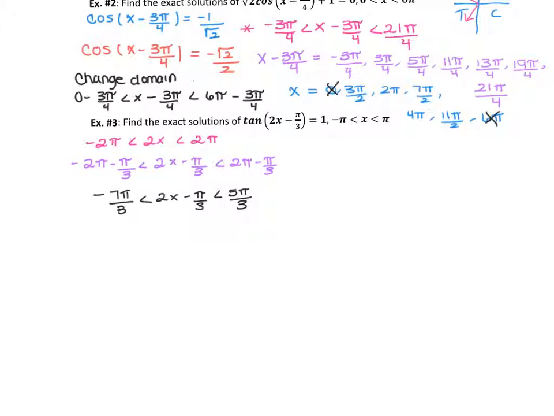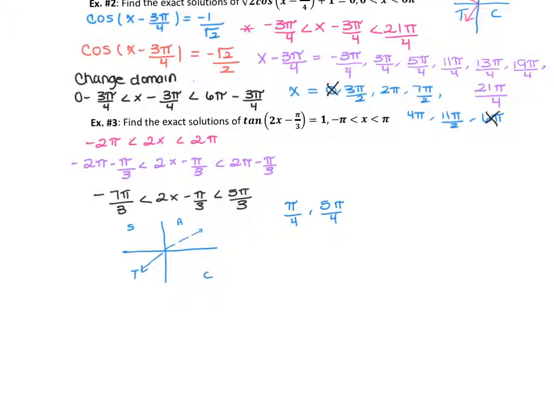So you're looking for all the possible values where tangent is equal to 1, and that is in between the domain negative 7 pi over 3 to 5 pi over 3. So give that a try.